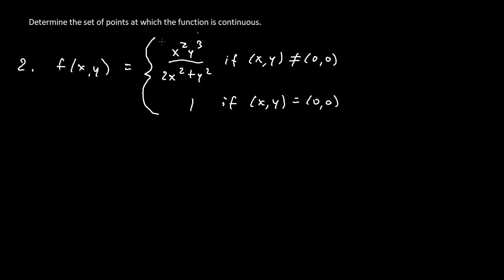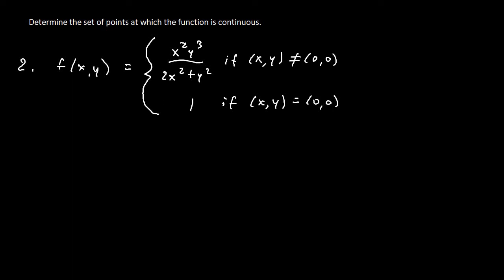So let's look at the top function now. So if we plug in 0, 0, obviously we can't have a denominator of 0 because we can't divide by 0. So that is one place where that function is discontinuous, or that is one restriction. Now obviously, as mentioned before, if we plug in 0, 0 to the bottom equation, we'll get 1, because no matter what we plug in for x and y, we'll always get 1.